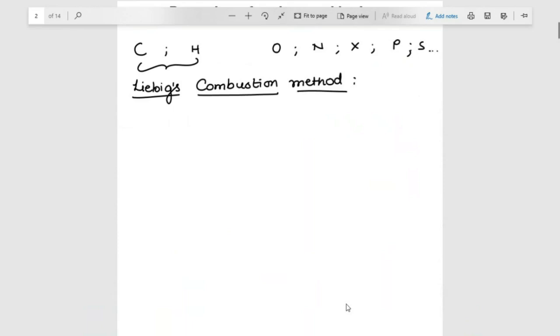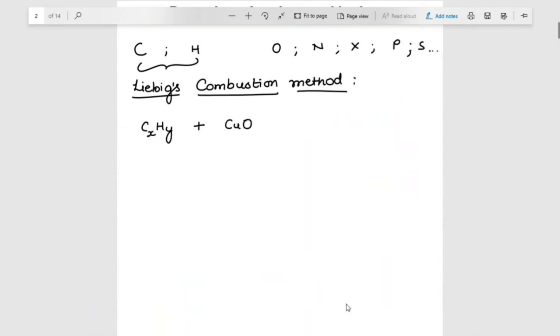So, what we do is take a known amount of the unknown organic compound. Let the organic compound be represented as CxHy. We should know what amount we are taking, so many grams or so many milligrams.